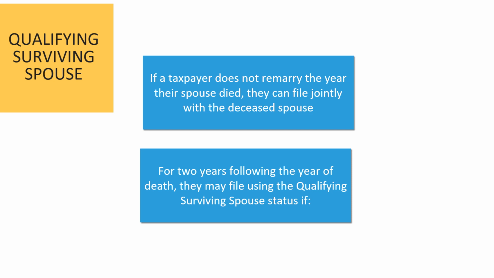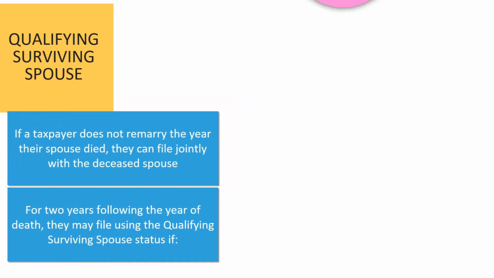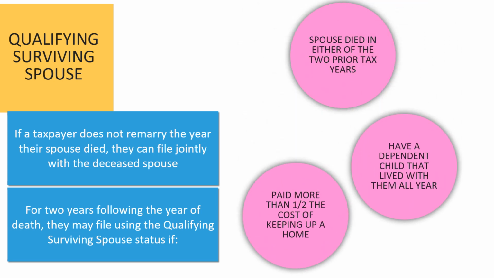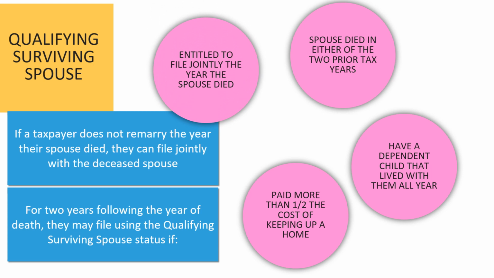The year the spouse passes away, the taxpayer should file married filing joint with the deceased spouse. After that, they may use this filing status if they have a dependent child that lived with them all year and paid more than half the cost of maintaining a home for the dependent child. Be sure to ask for a copy of the death certificate in order to support the claim for this filing status.